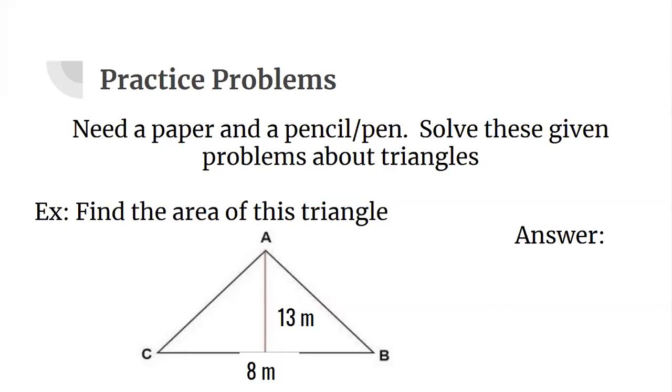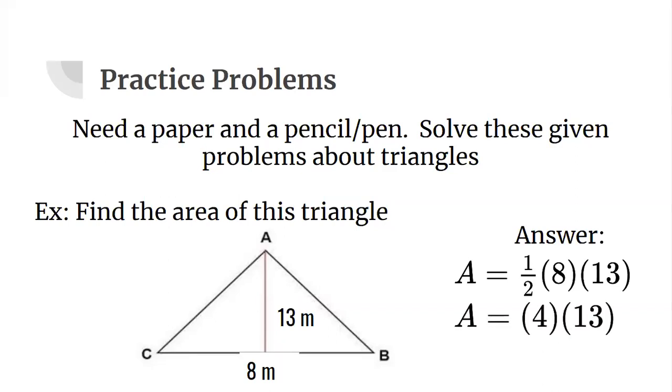So then you just write out the formula. I forgot, I didn't write the formula in, but you know, A equals 1/2 times BH, base times height. So we plug in 8 as our base and 13 as our height. And then we get area equals 4.